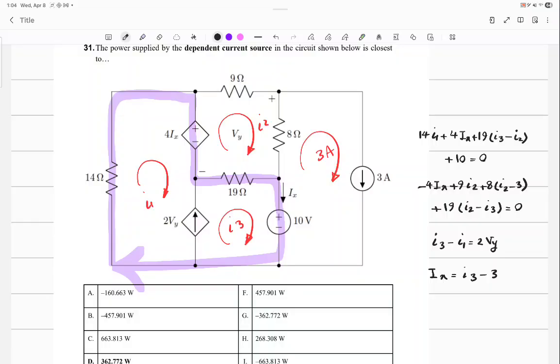Do you see where Vy is? Can you show me where Vy is? Vy. Between those 2 nodes, right? Is there any way I can involve it in my equations?